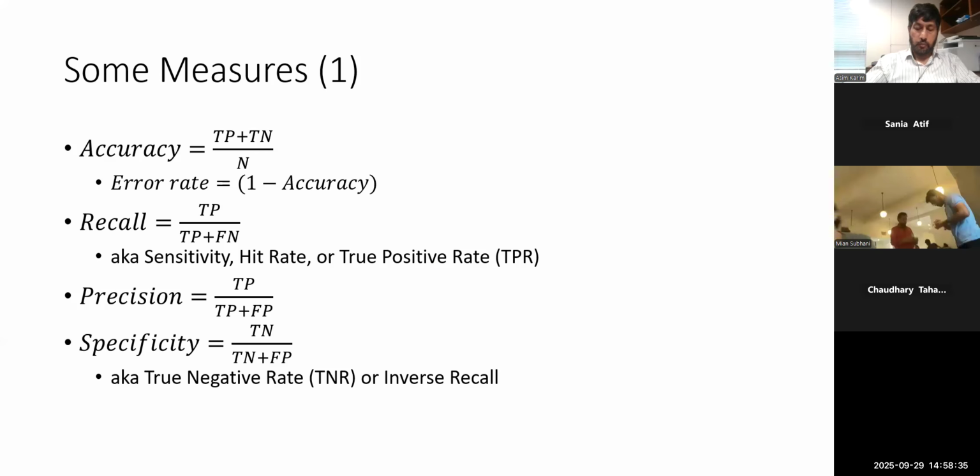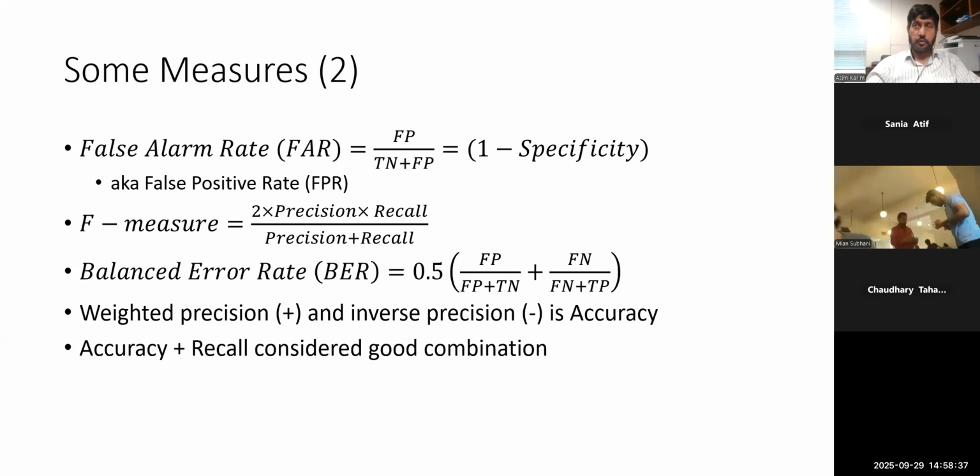And then of course the false positive rate, which is also equivalent to 1 minus specificity. Obviously, because 1 minus the true negative rate would be the false positive rate. And then of course you have the F measure, which is the harmonic mean of precision and recall. So all of these measures are possible for binary classification.